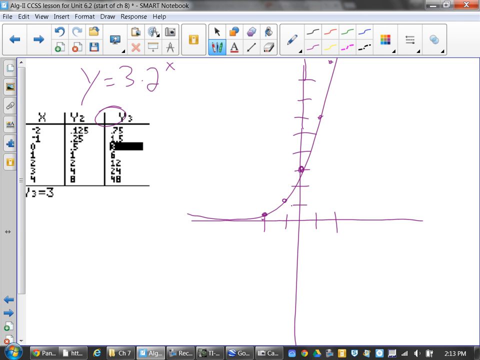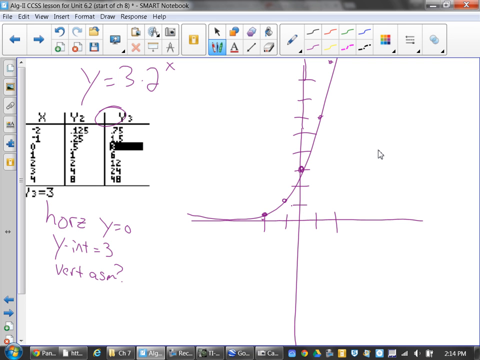We know that there's a horizontal asymptote. Where was it? The horizontal asymptote is at y equals 0. The y-intercept was at 3. Is there a vertical asymptote?